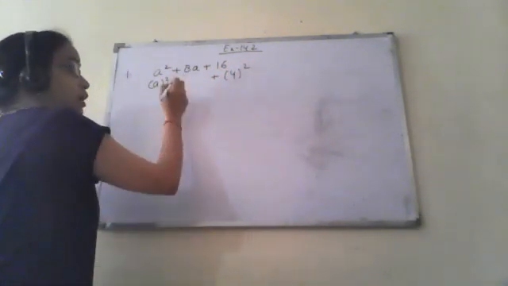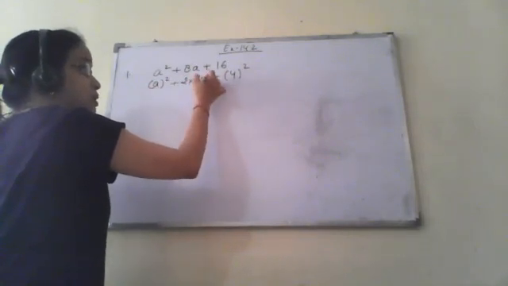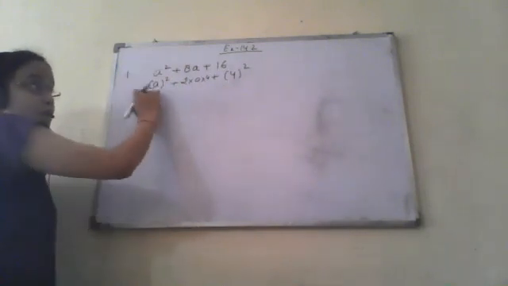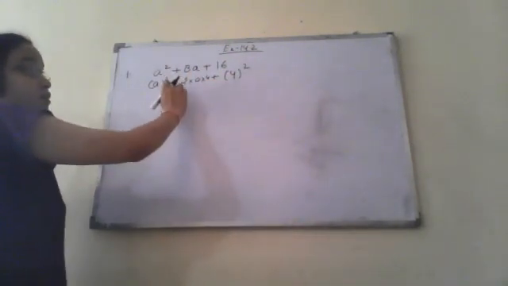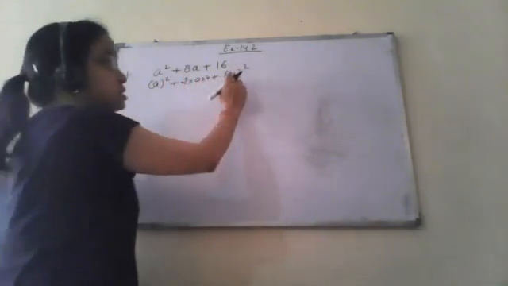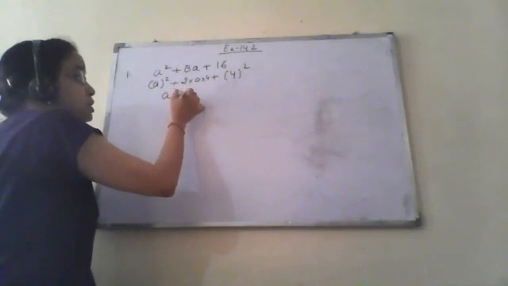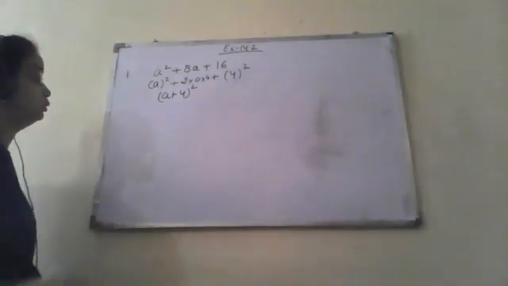Now this 8a can be written as 2 into a, that is a, into b, that is 4, so 2 into 4 is 8 into a, which is 8a. Now this equation has been modified to a square plus 2ab plus b square. So what is the formula? This is a plus b, that is a plus 4 whole square. Okay, so this way we have to do.